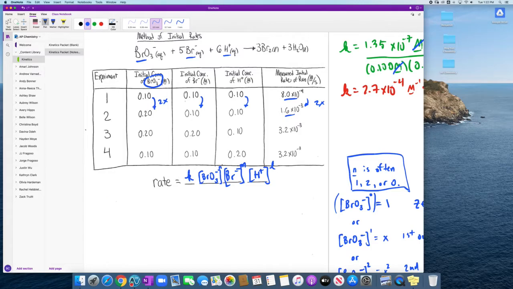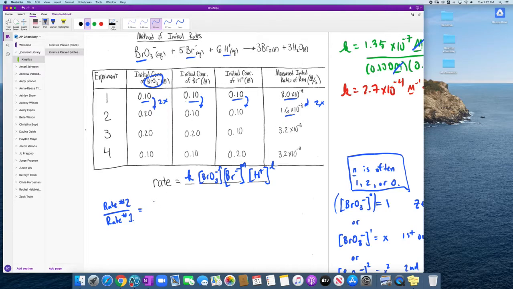We're trying to establish that bromate is first order. So mathematically, we would say rate from experiment number 2 divided by the rate of experiment number 1. And you write out the general rate law, and you plug in the concentrations raised to their powers and set it equal to the actual rate.